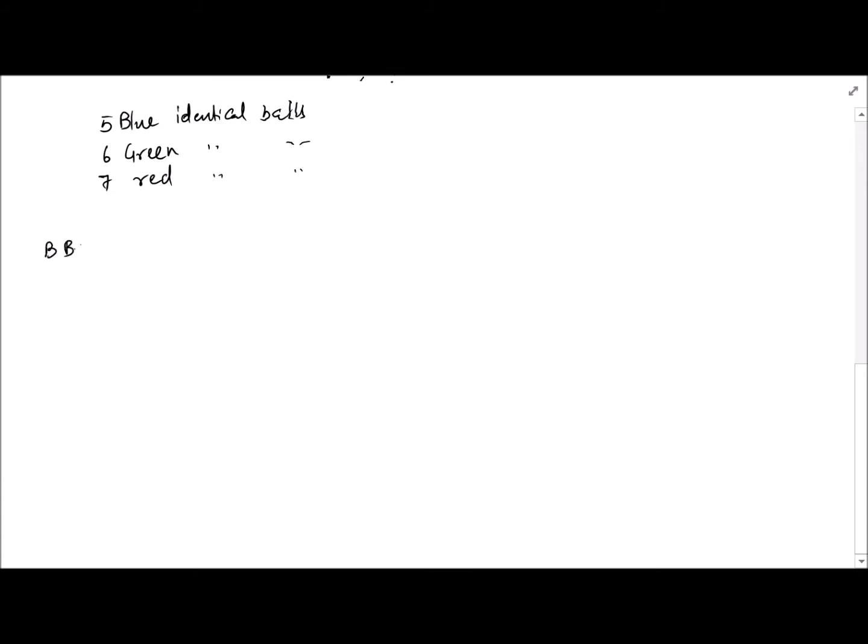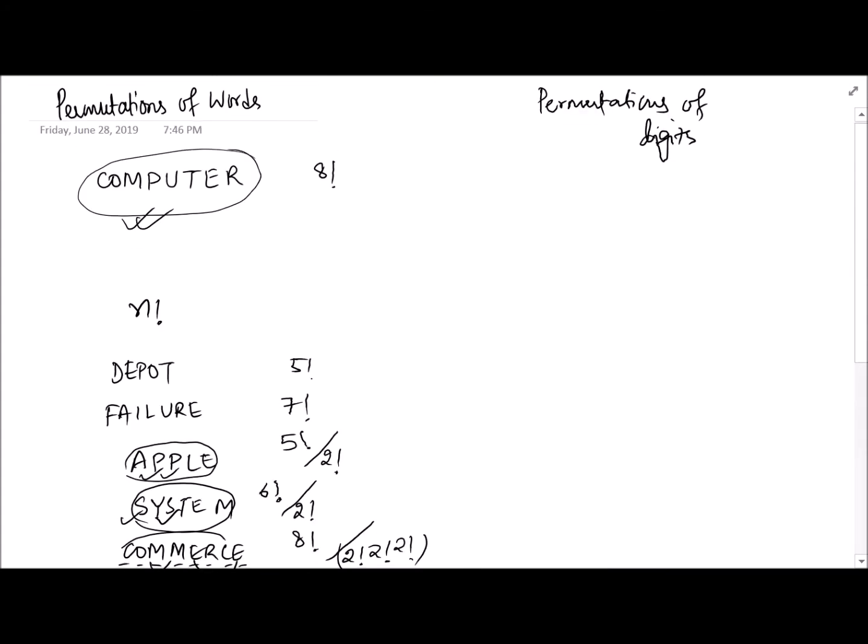So blue, blue, blue, blue, blue, five, six green balls, seven red balls. These are total 18, so 18 factorial by 5 factorial, 6 factorial, 7 factorial. That's it, just like the permutations of words. So this topic is not only the permutations of words; in this topic you learn how to do permutations.